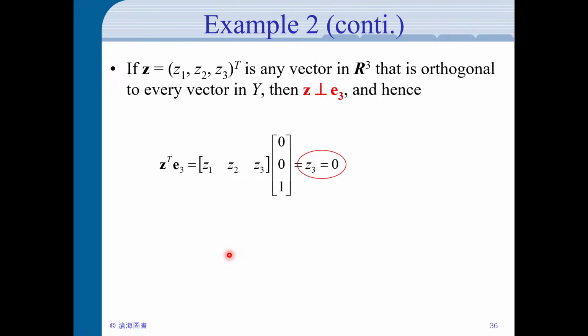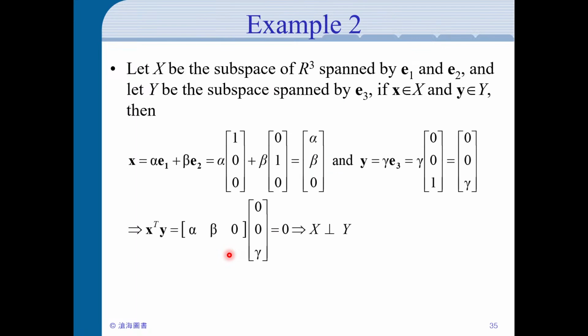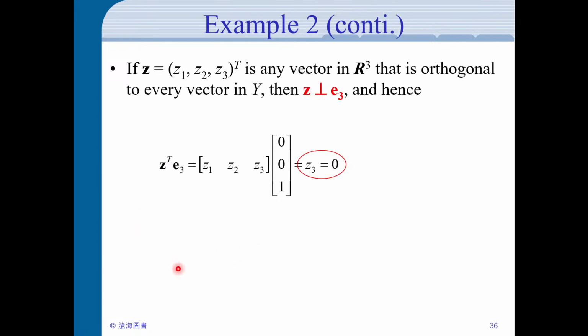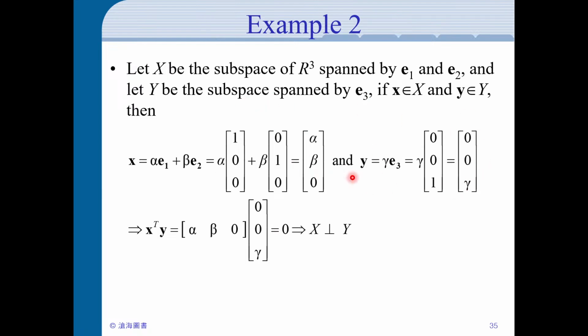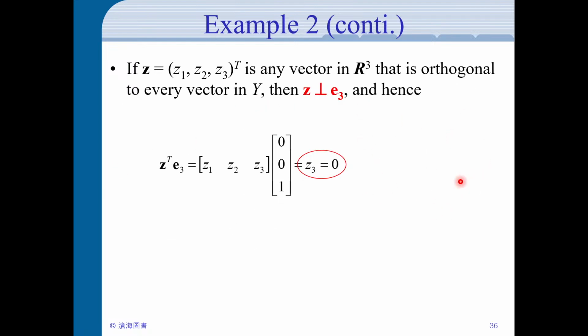This example already showed orthogonality, but now we go to another example. Now we focus on this space y. Space y consists of vectors of the form (0, 0, gamma).